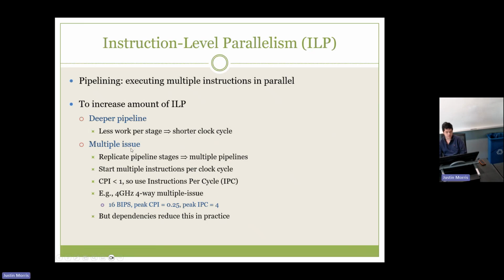So rather than just fetching one instruction and executing one instruction at each positive edge clock, we can fetch two instructions, decode two instructions, execute two instructions, and we can have basically a duplicate of our pipeline.